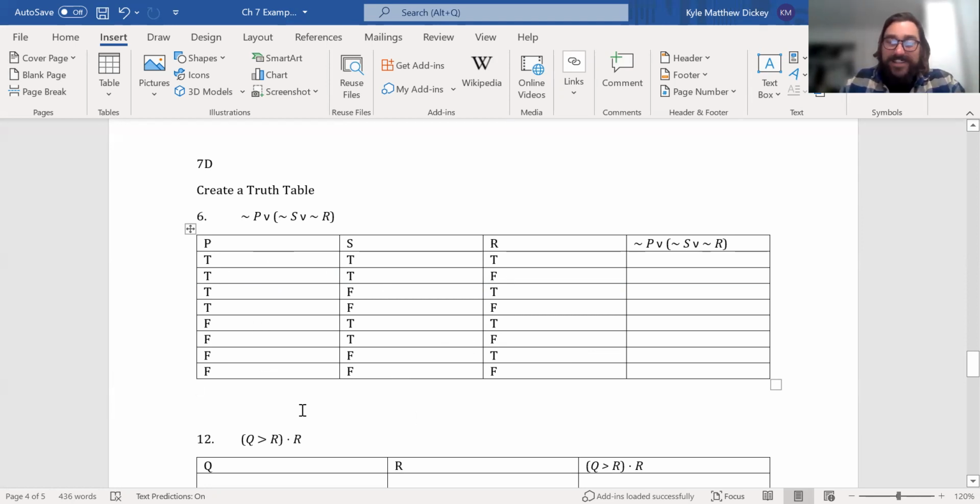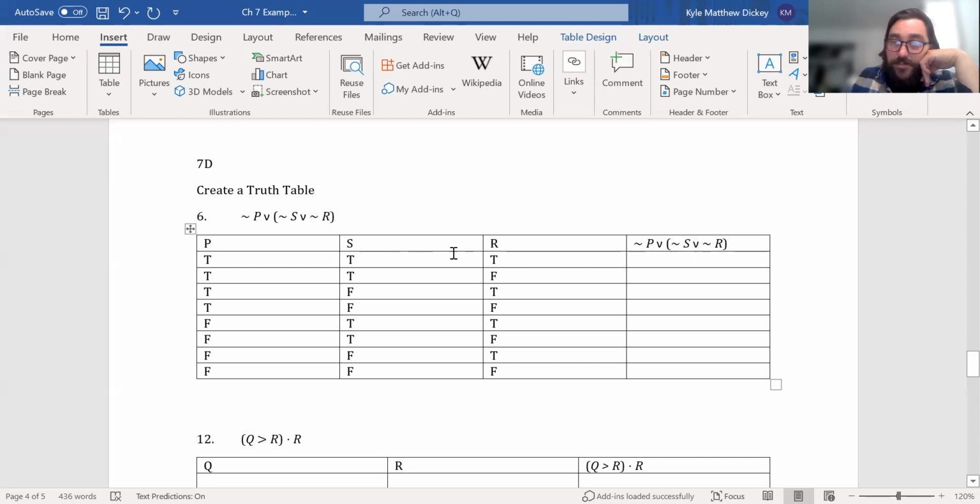And now we can translate all of this over to here to determine what the truth value is on this sentence. So first, I'm going to figure out this intermediate part so that it's easier for us to figure out the whole thing. So what's going on here? We've got not S or not R. Well, or works just in case one of these two is true.